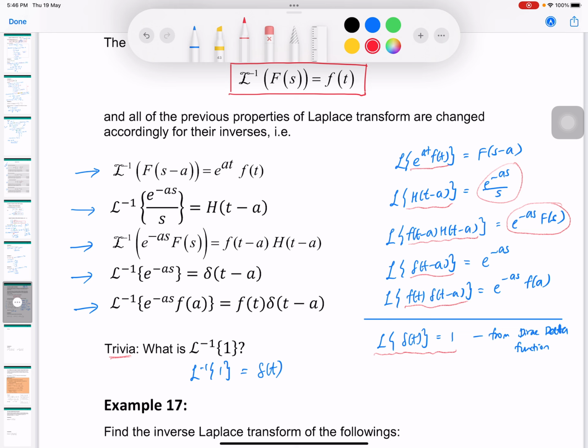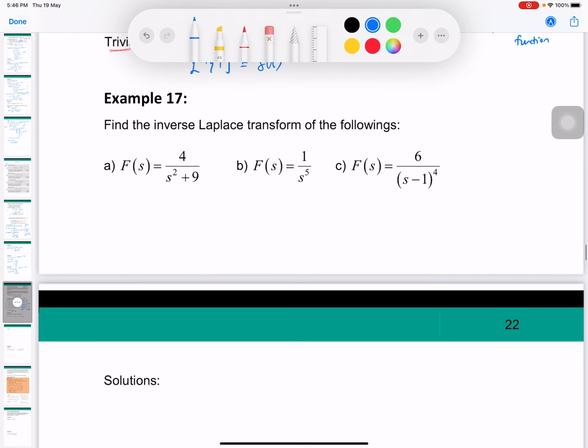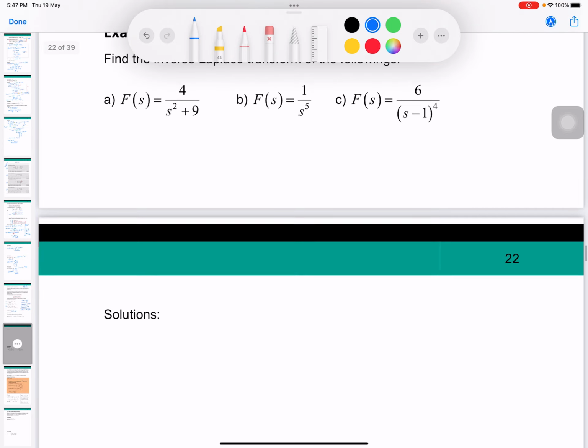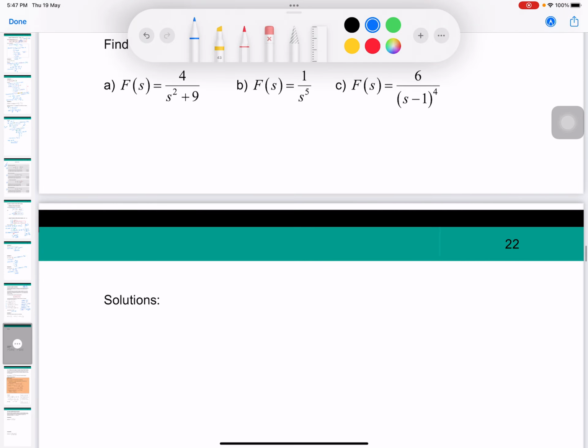Now we have some examples. Find the inverse Laplace transform of the followings. Okay, the first question, you are given F(s), which is 4 over s squared plus 9. Okay, so the first one, let me write here.